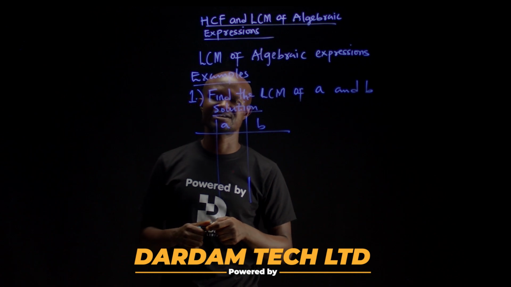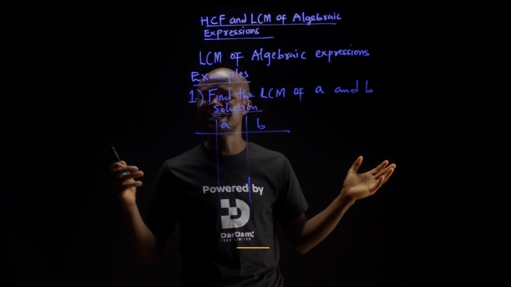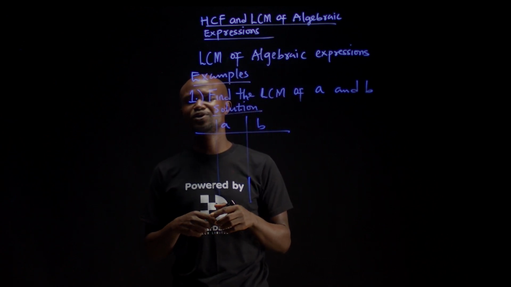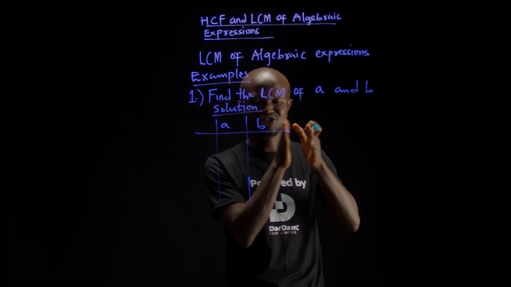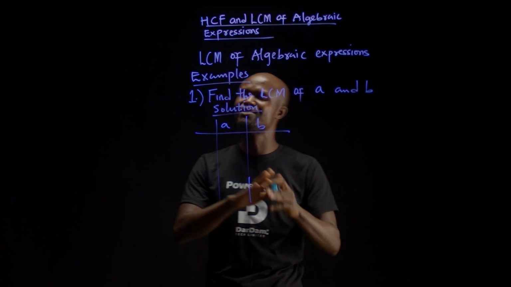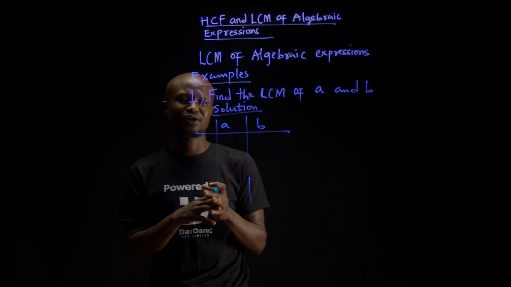So for lowest common multiple, we are going to exhaust all elements. It's not like HCF, where we don't exhaust all elements and are only interested in what is common to both. But for LCM, we are interested in everything.